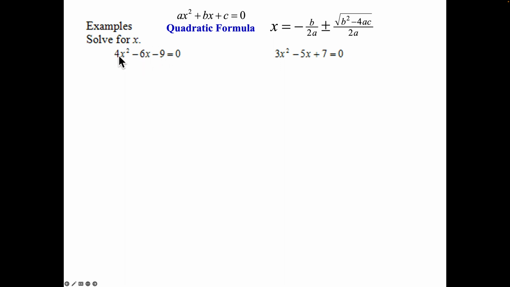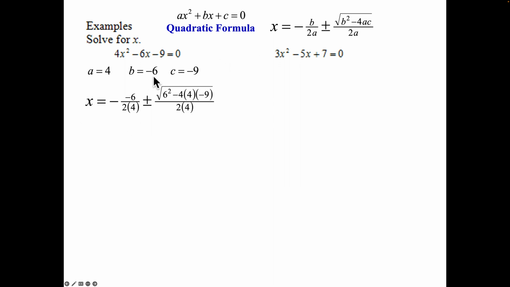But since that's not going to happen here, I would get 6/4, 9/4, and I create more fractions. This is why we have the quadratic formula. So you identify your a, your b, and your c, and we plug them all into the quadratic formula as two fractions. And I'm going to explain why you want to do that.